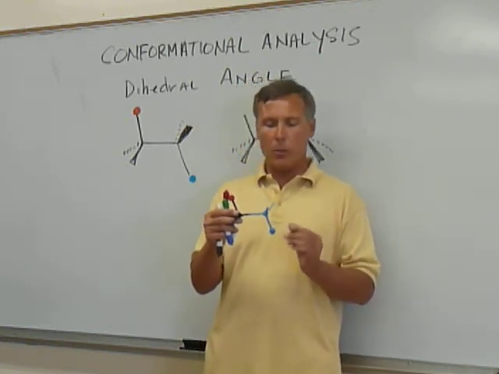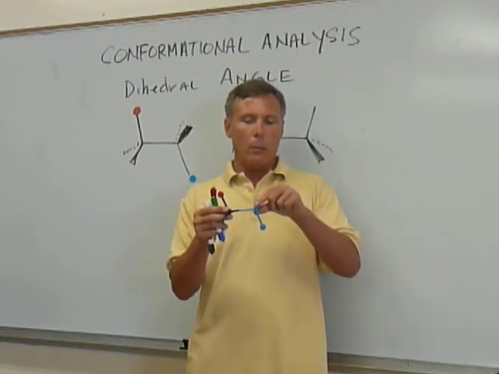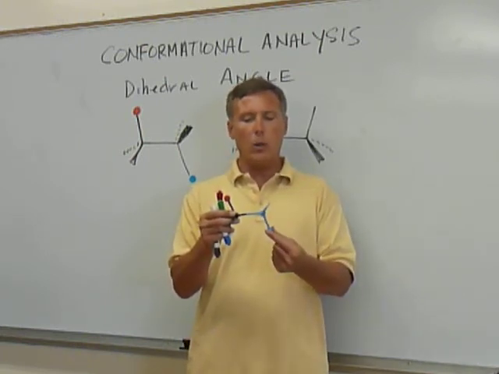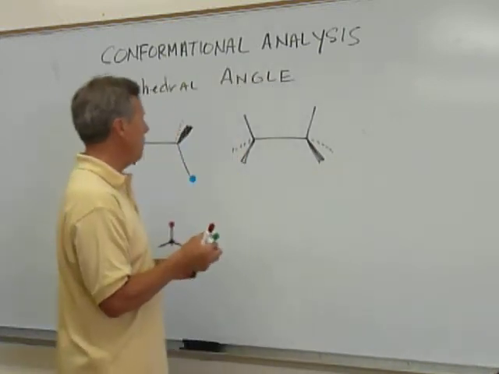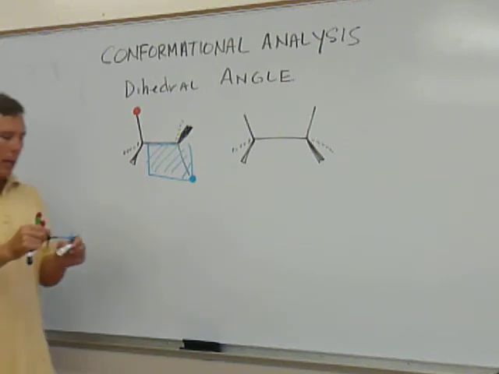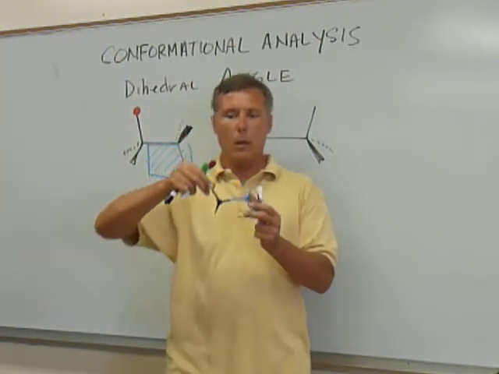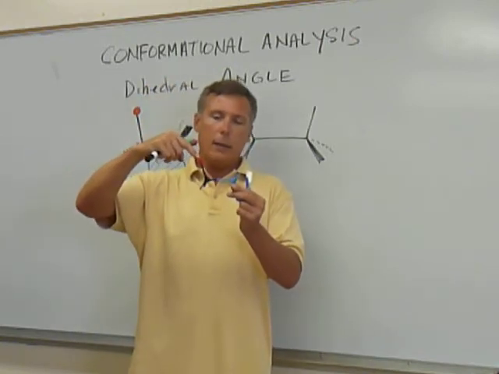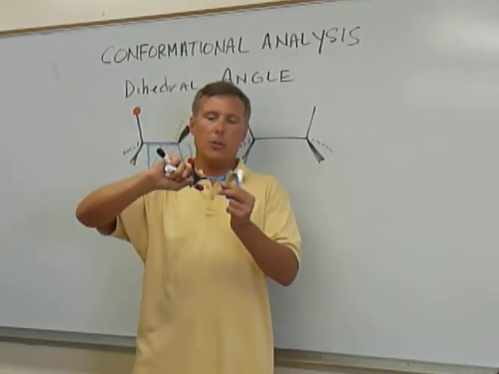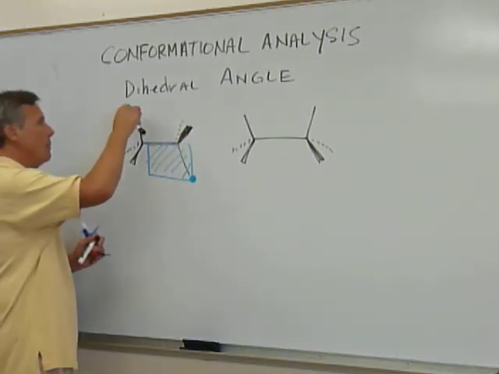When we look at this model here, we can see that I have a blue carbon and a blue hydrogen. Three points make up this plane, so we have a blue plane. It extends in this direction. The red attached to the carbon produces a separate plane, a red plane.